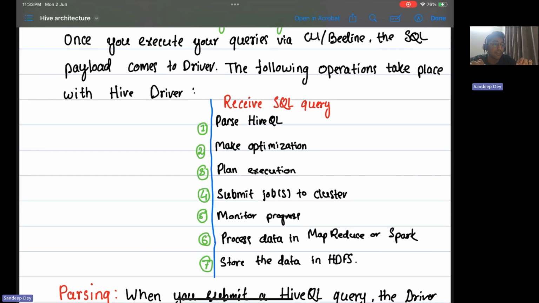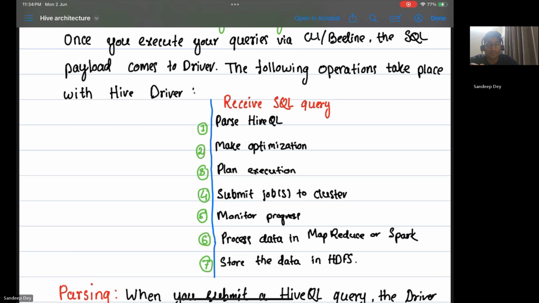The physical plan breaks down the steps into actual jobs, like MapReduce stages or Spark jobs, that will process the data. It specifies exactly how to handle the data, such as scanning, filtering, and joining. Clear, the plan execution.